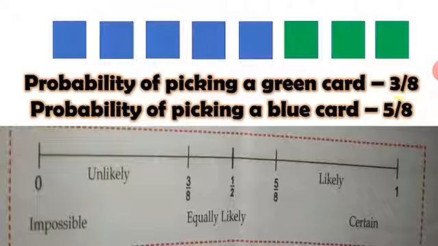Since 3/8 can be located on the number line in between impossible and equally likely, the chance is unlikely.